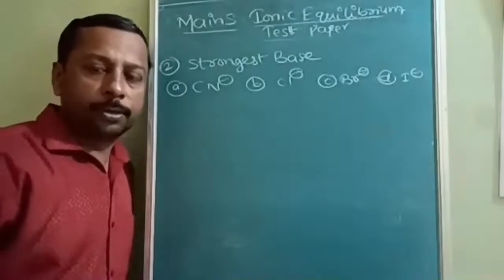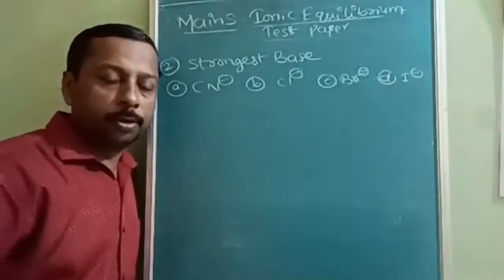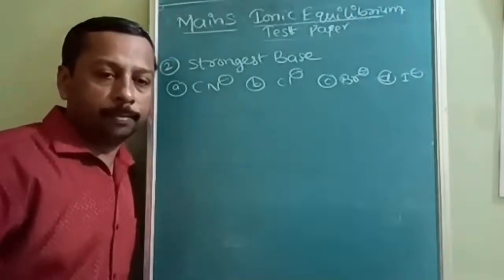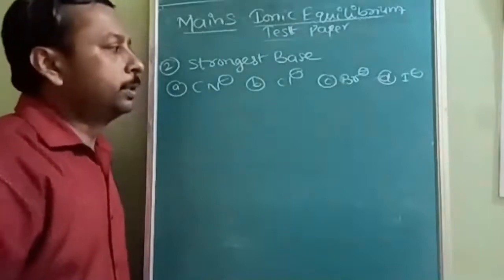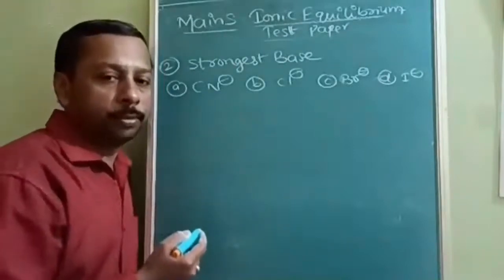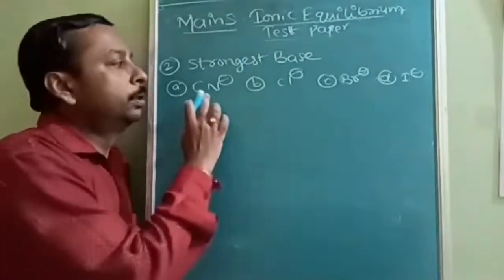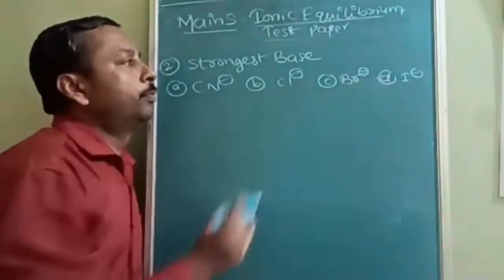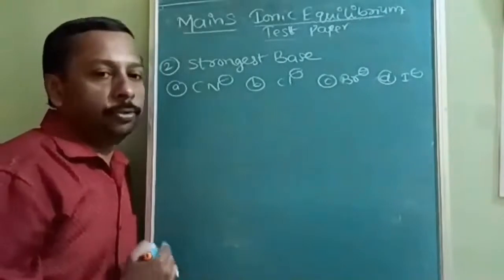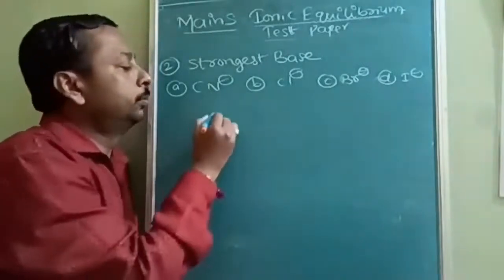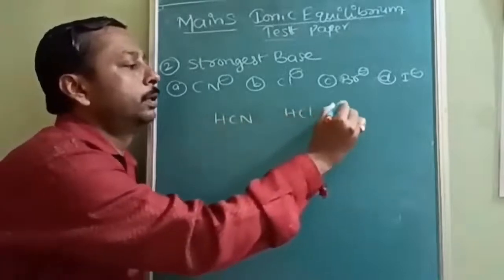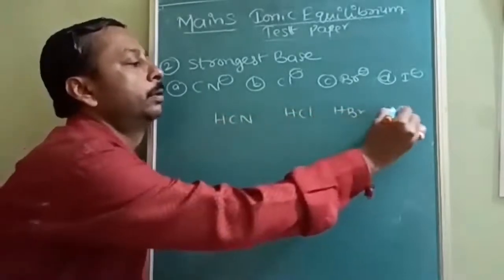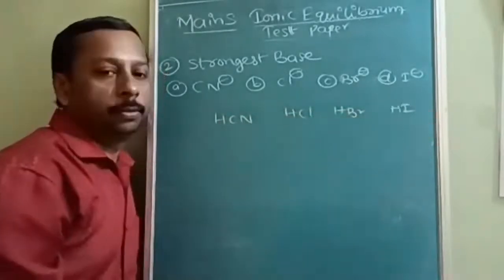Okay, the next question is based upon the Bronsted acid base concept. You should approach this question in the reverse manner. If you have to compare the basic strength, you make them acids. This is made from HCl, this is made from HCl, this is made from HBr, and this is made from HI.